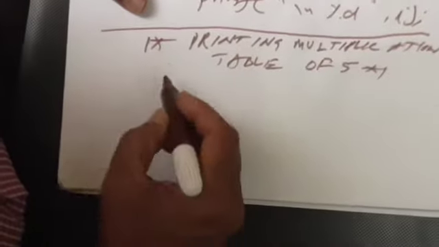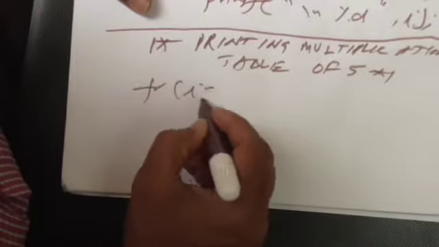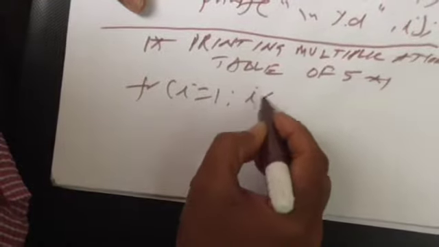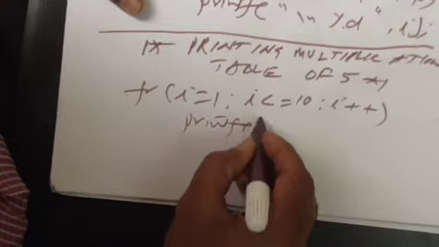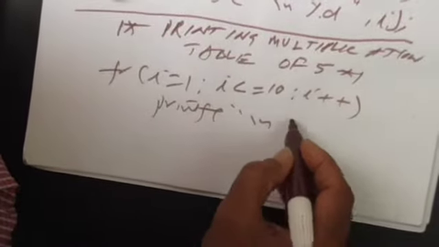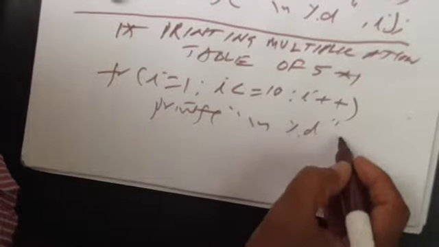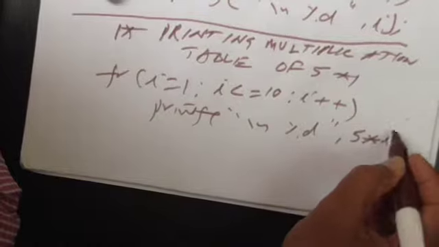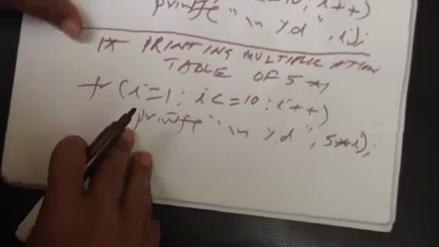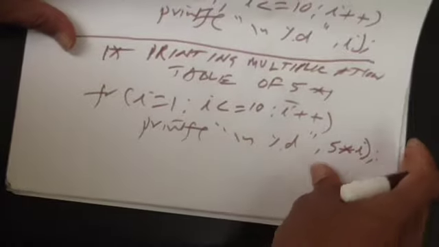So very simple. Again we say i = 1, i less than or equal to 10, i plus plus. You write here printf again %d, 5 into i. It prints the multiplication table for 5.